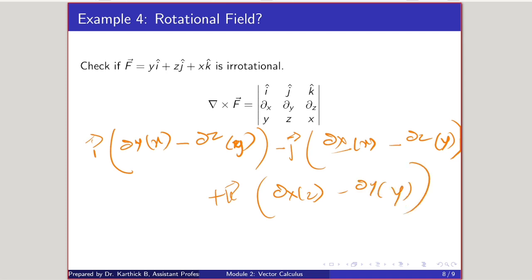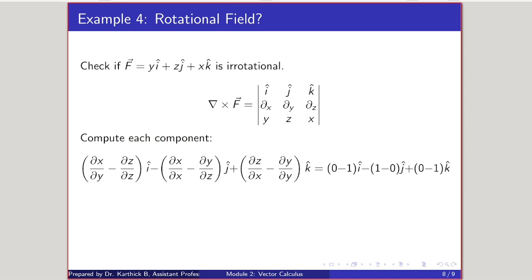If I differentiate x with respect to y, it becomes 0. And if I differentiate z with respect to z, it becomes 1. So here it is 1, so minus 1, and similarly you will get the others. Finally, I am getting minus i minus j minus k. So it is not equal to 0, therefore it is not irrotational.